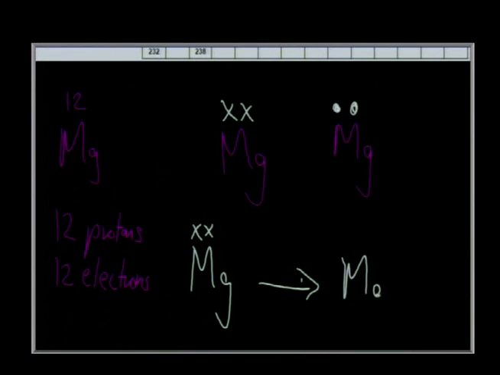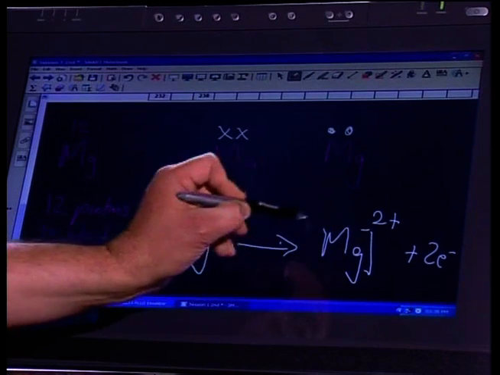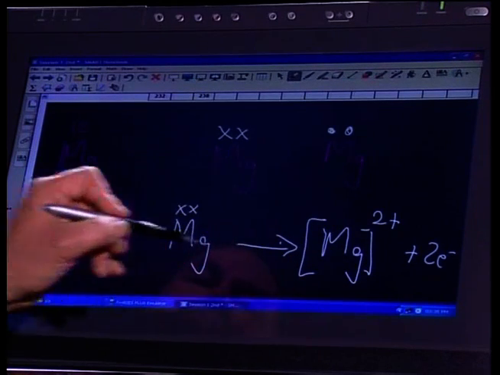And magnesium will then end up being Mg2+, and there will be 2 electrons somewhere that have been given away. Notice I haven't drawn the crosses in there, but this whole thing has now got a charge of 2+. It needs to give them to something else. What will it give them to? Well, when we've got a metal bonding with a non-metal, then the non-metal is able to take those electrons.